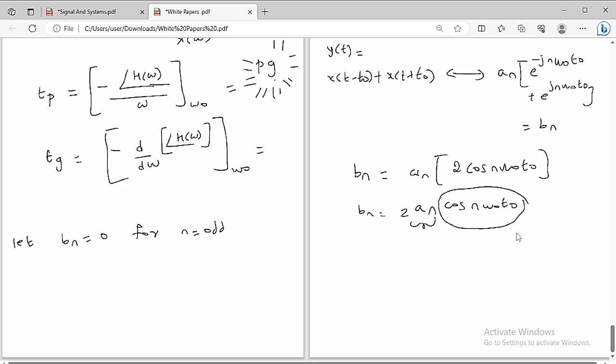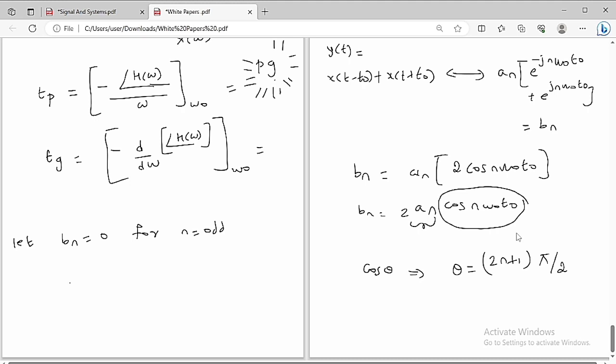So what are the odd values of n? You know the cos function is going to get 0. So you know cos theta will have 0 for what value of theta? You know theta is equal to (n plus 1) into pi by 2. So for these values of theta, the cos function is 0. Now theta is equal to n into omega naught t naught.